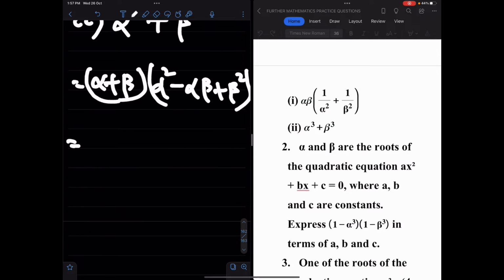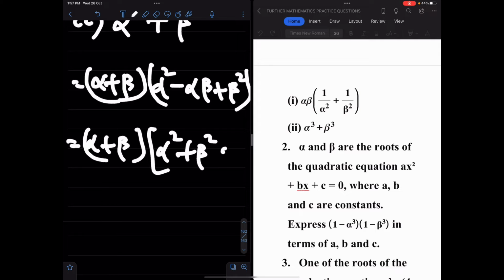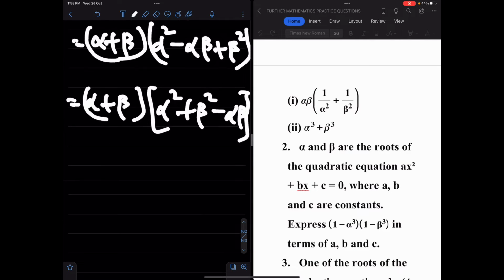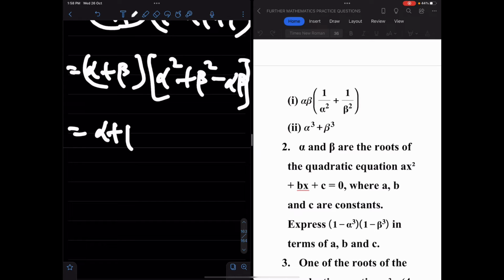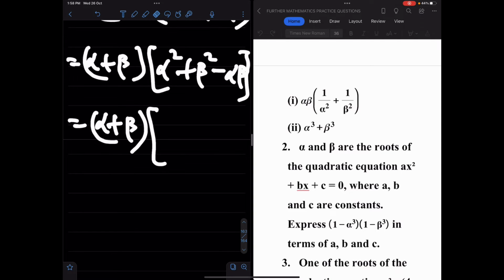And this is the same as alpha plus beta into bracket alpha squared plus beta squared minus alpha beta. That's just a rearrangement. And that's equal to alpha plus beta times alpha squared plus beta squared minus alpha beta, where alpha squared plus beta squared is the same as alpha plus beta all squared minus 2 alpha beta.